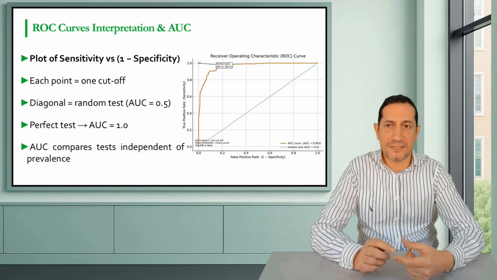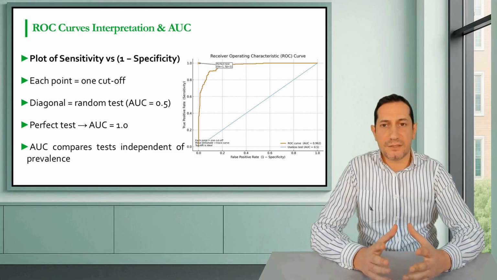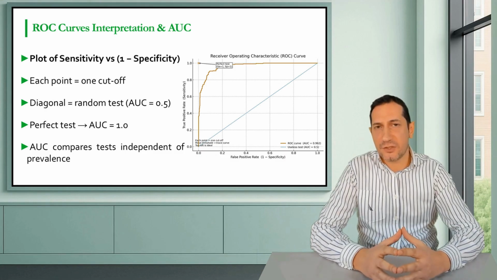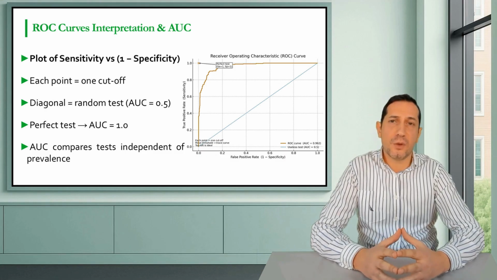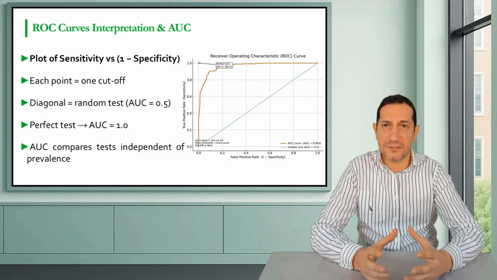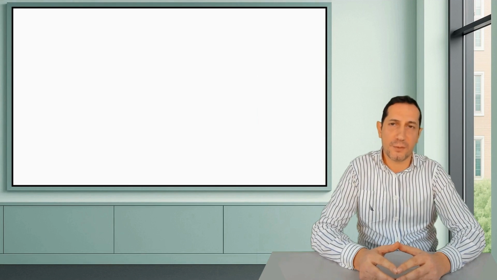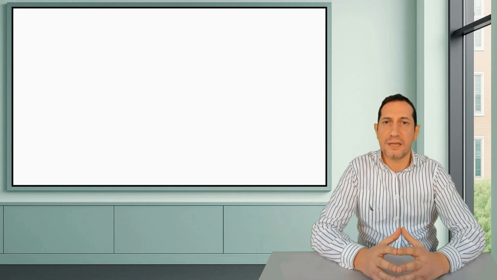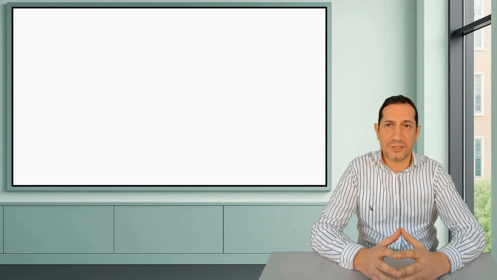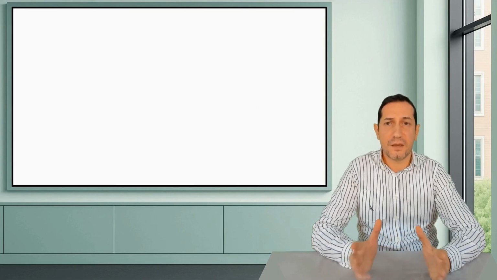Importantly, AUC is independent of disease prevalence, making it especially useful for comparing tests across populations and study settings before operational cutoffs are defined. Selecting an appropriate cutoff is a critical step in applying diagnostic tests in practice.